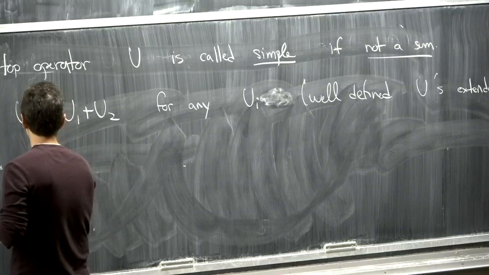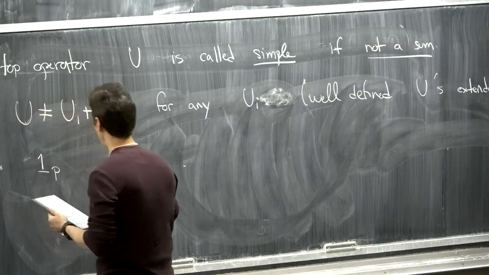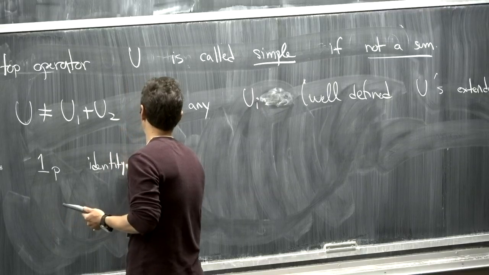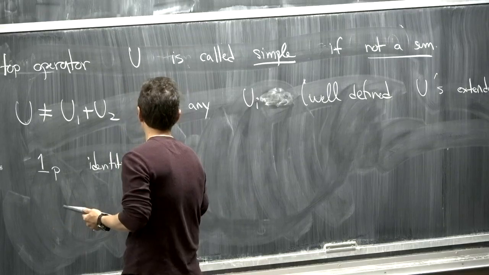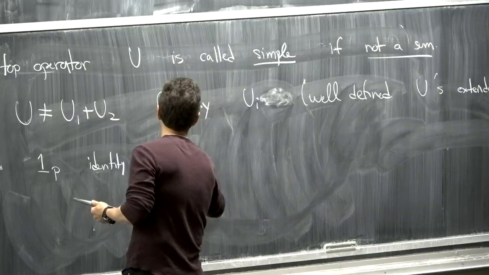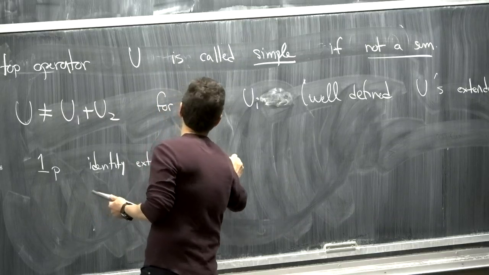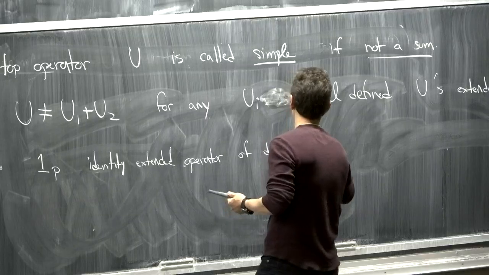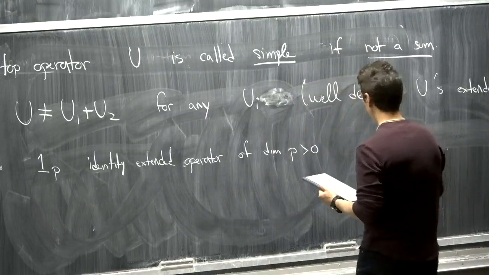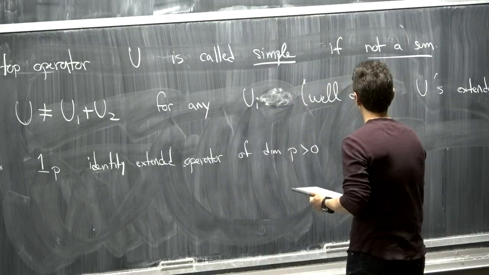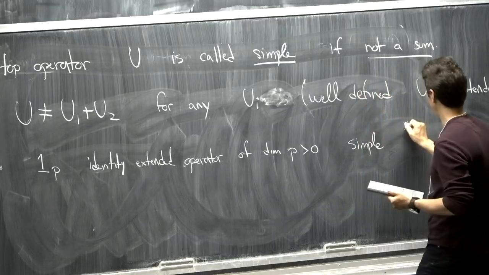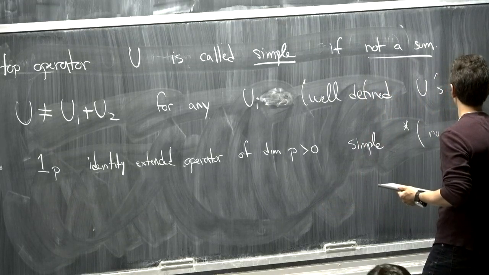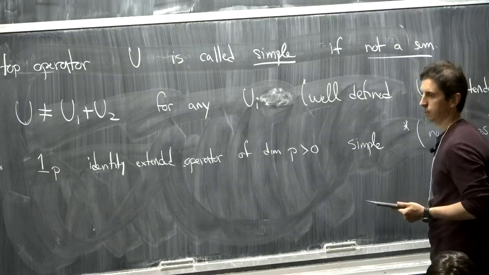So say 1p, the identity extended operator, of dimension p greater than 0. This is simple. And now I need to put a little asterisk here about no universes. If you don't know what that means, just ignore it.